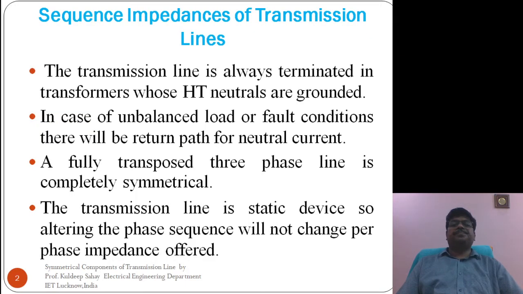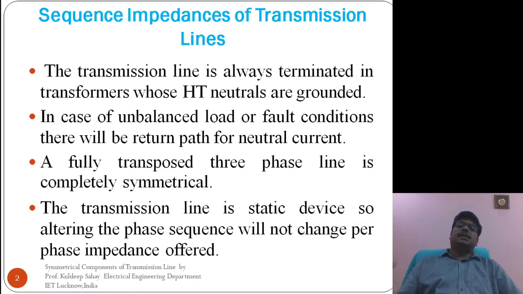So here you can imagine that at one end there is a generating station, at the other end a receiving substation, means sub-transmission level.